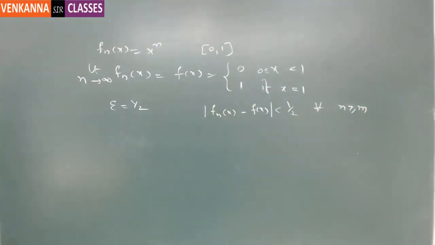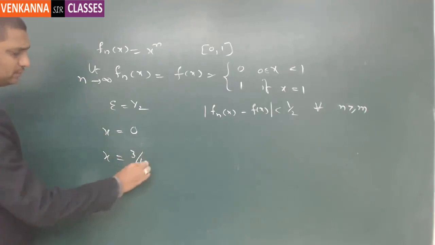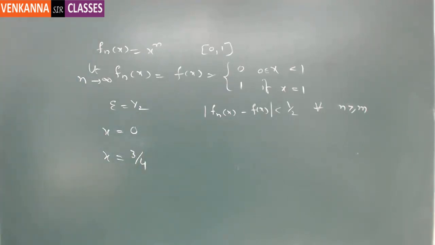So I can take any x value there. Suppose I take x is equal to 0. I can take x as any other number. You can take x is equal to 3 by 4 or 1 by 2. Whatever it is. Now, if you have taken x is equal to 0, right?